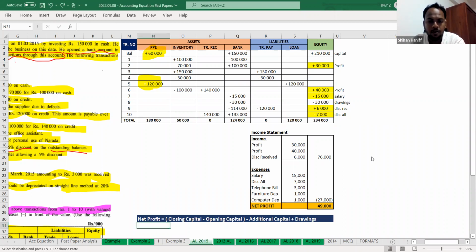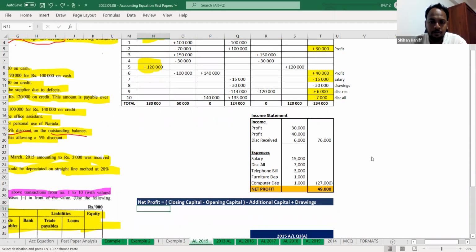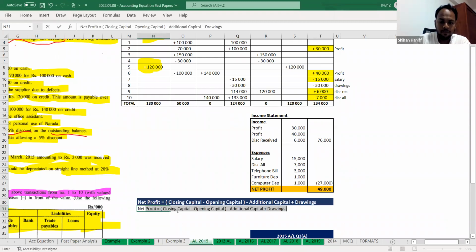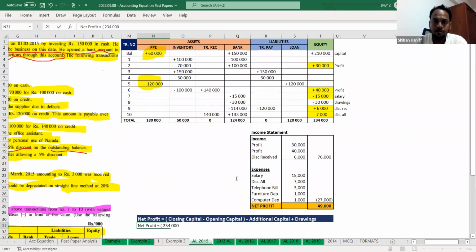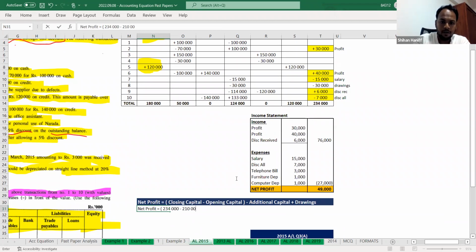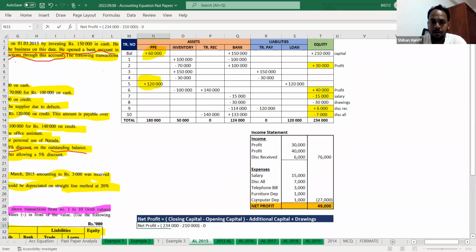Right. So let's do the calculation using the equation. Net profit equals closing capital is 234. Opening capital is 210. Is there additional capital? No. Drawings? Yes.